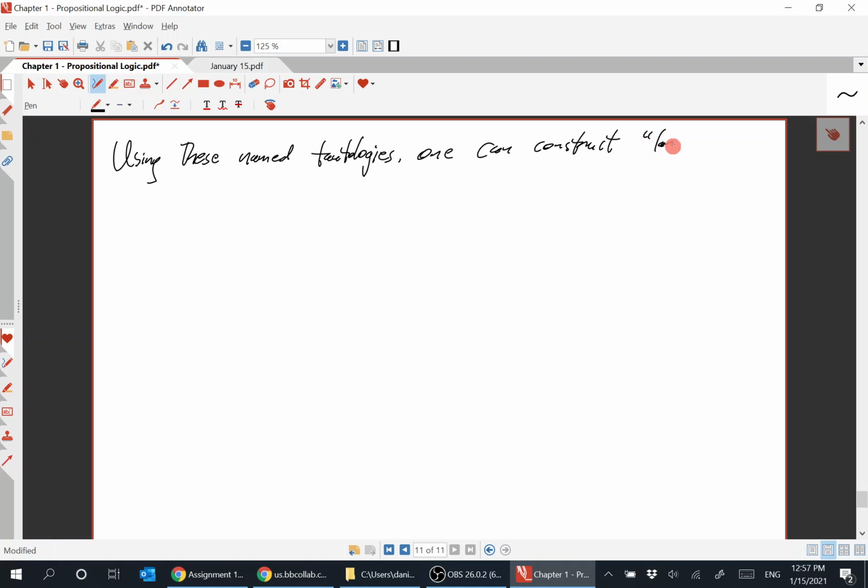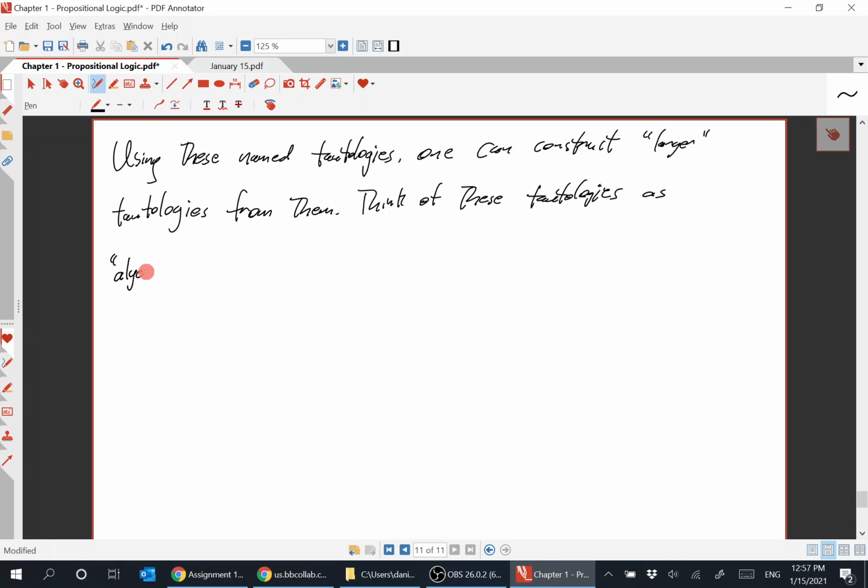Think of these tautologies as algebraic rules for a new type of algebra, called Boolean algebra.